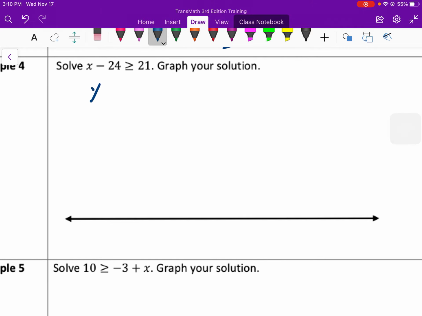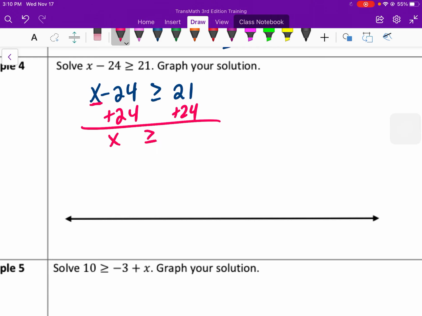All right, x minus 24 is greater than or equal to 21. So on this one, I am going to get x by itself by doing the inverse of minus 24, so adding 24 to both sides. And I get x is greater than or equal to 45. I have my variable on the left, so I do not need to flip it around.